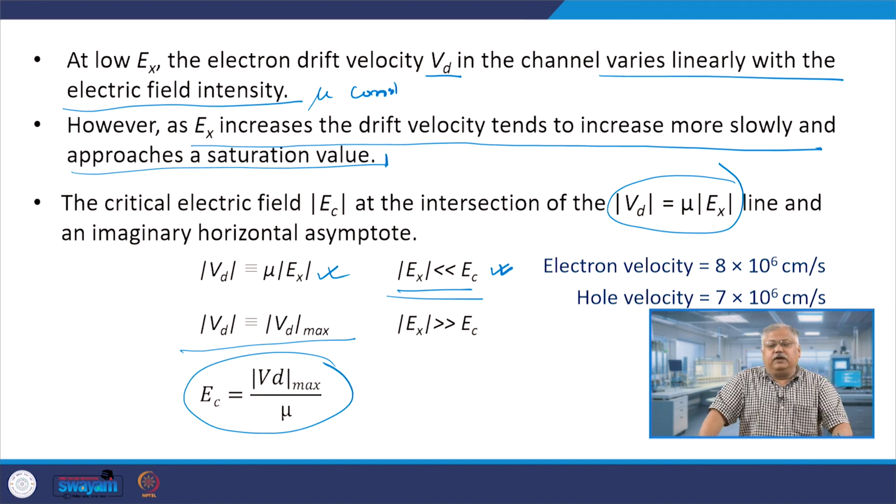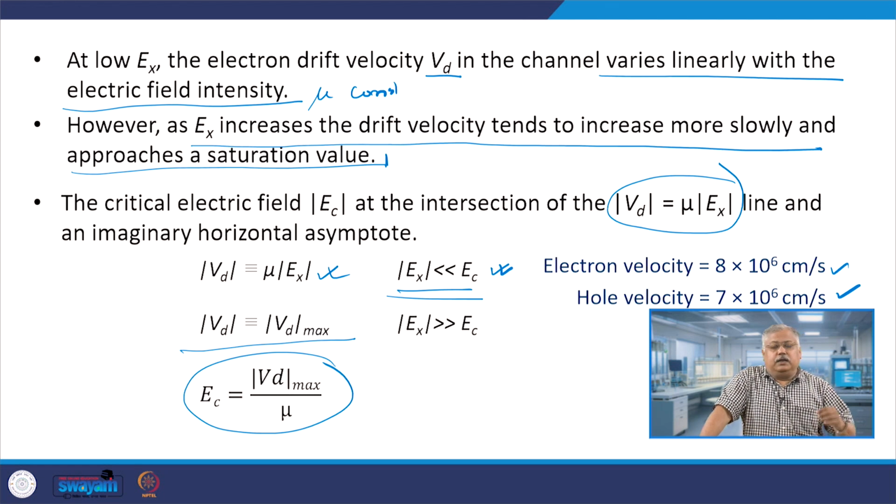Now, electron velocity and hole velocity are given at these points. Please understand that the velocity will be different for bulk and for interface, which means that the electron is moving in bulk silicon without any impurity, without any interface traps. Its mobility will be relatively higher as compared to when it is moving in the interface, which typically happens in a MOSFET.